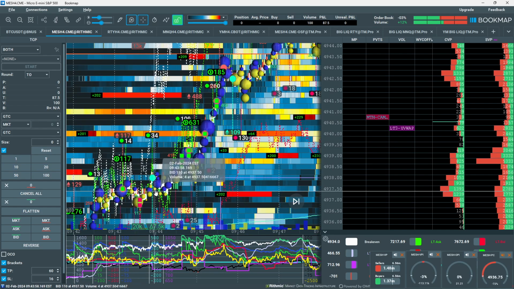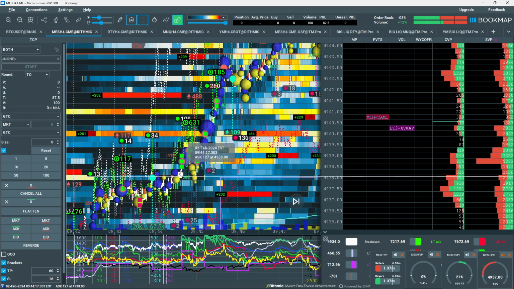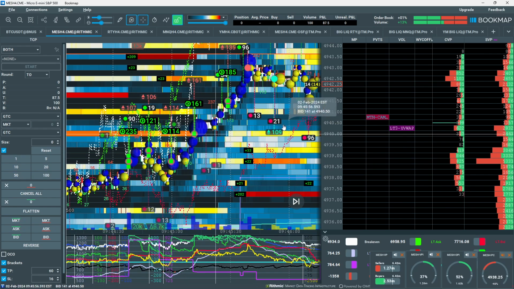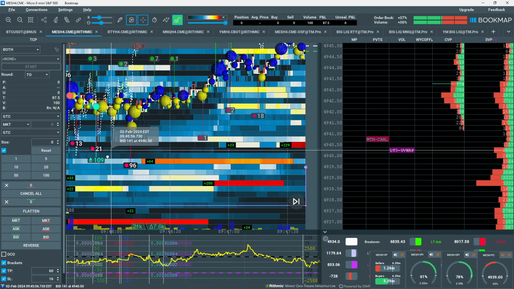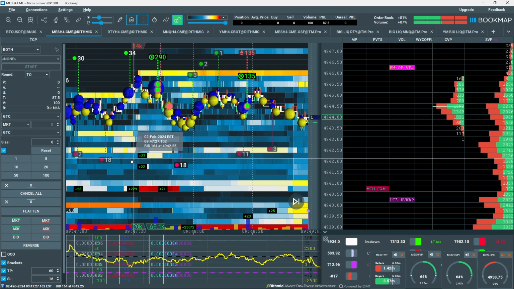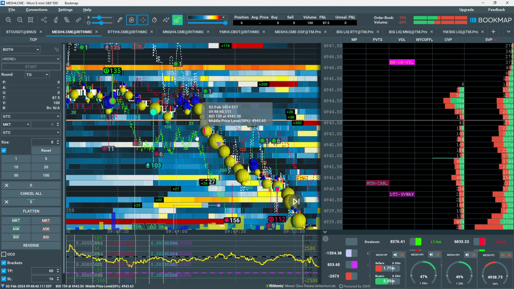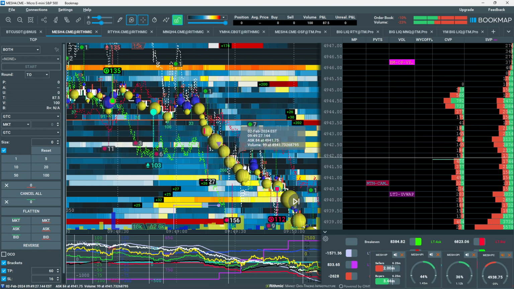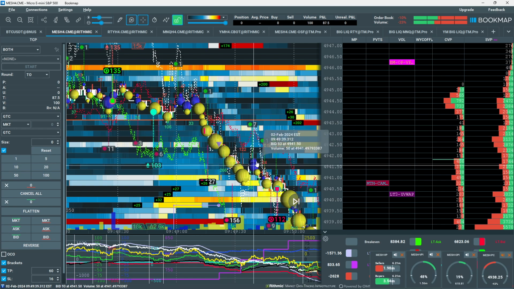As you can see, those pullbacks, buyers kept stepping in. As soon as we pulled back, they stepped in, and also pulled back, stepped in immediately. So at this level here, they didn't step in at all. They just let price cascade too much. This was their response right here, which was way too late.